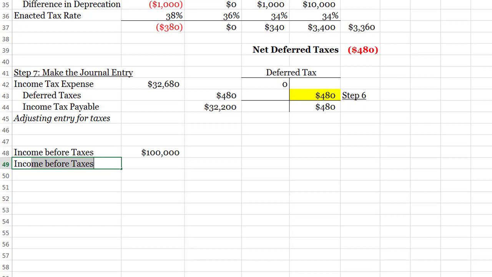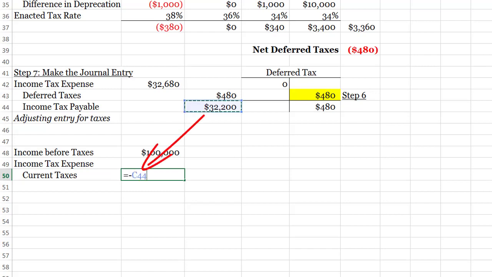And then I would have an income tax expense section, kind of like a cost of goods sold section, and it would start with current taxes. And that would be this number. And since this is money that I owe, it's a negative. It's going to reduce my income.